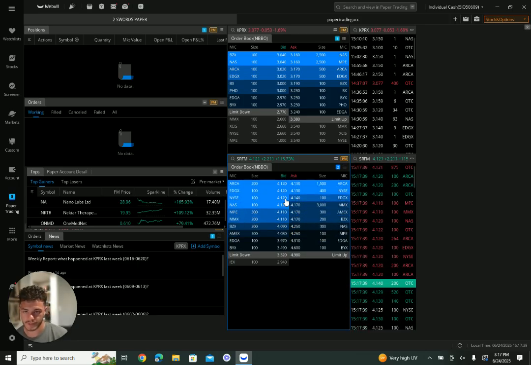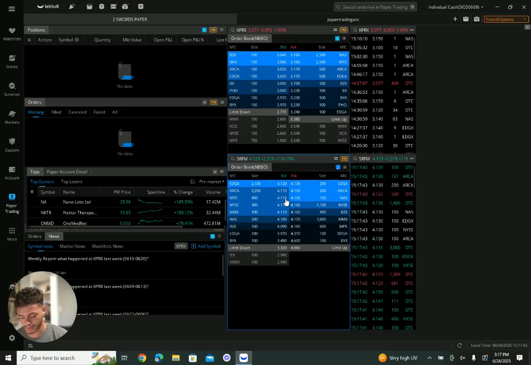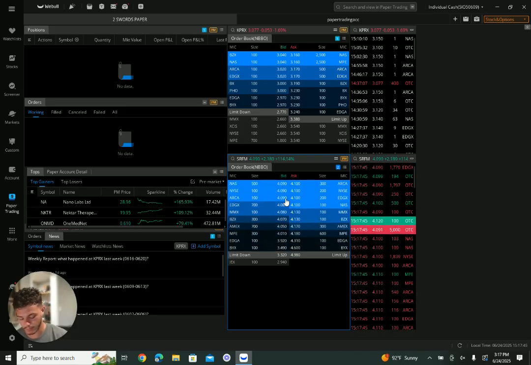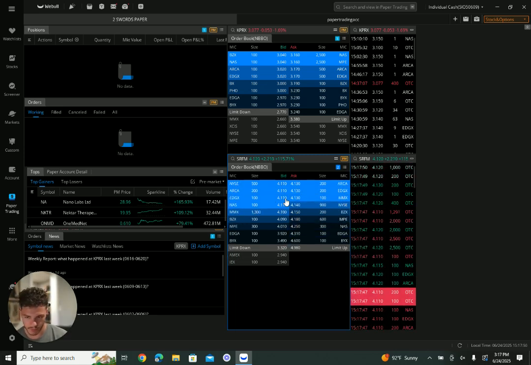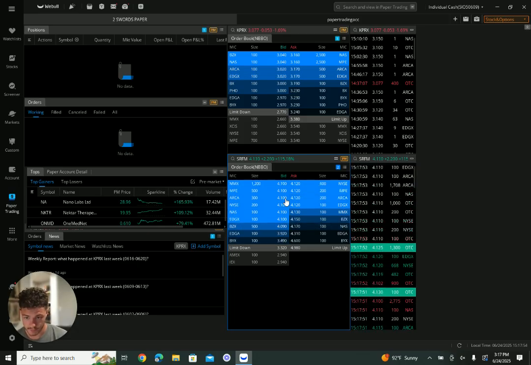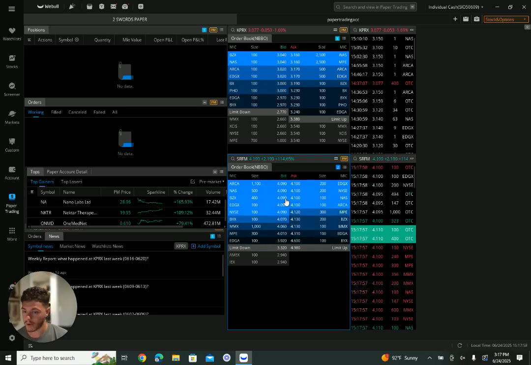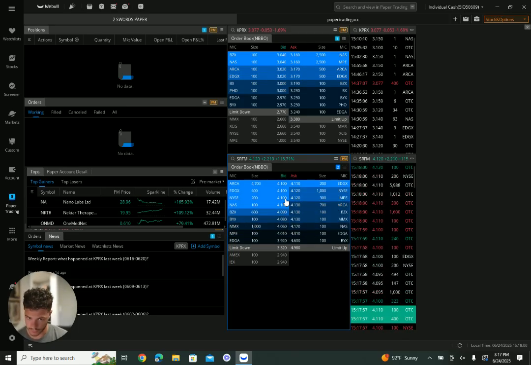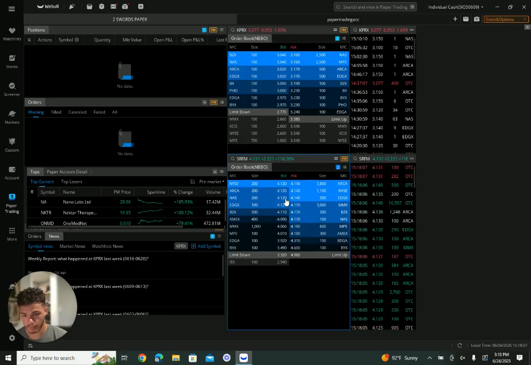So you want to have an offset. If you set up your hotkeys, it's going to have a few options, right? It's going to have order type, like limit or market or stop loss or whatever. So you want to do limit, ask. So limit, ask, a buy order for whatever. You can do it in percentages, shares, or dollars. And do a limit offset of plus 0.05.